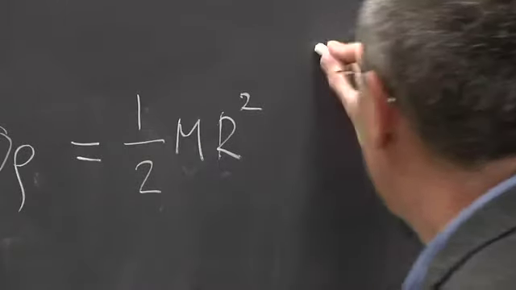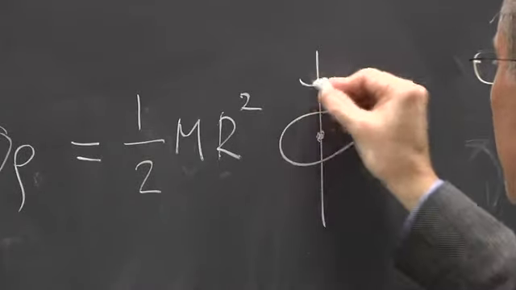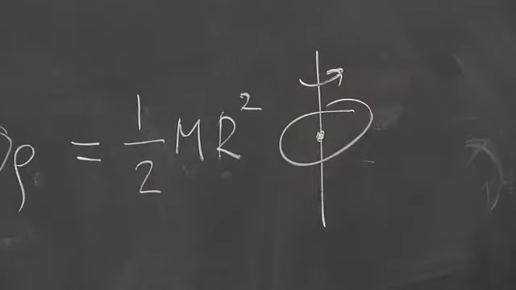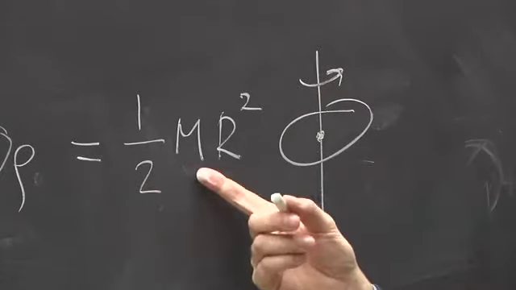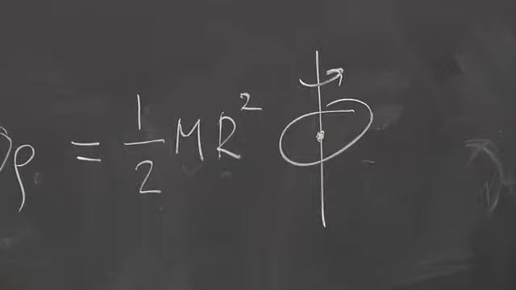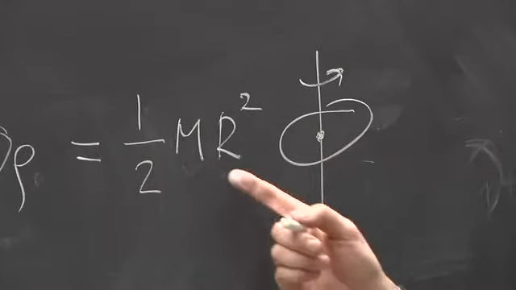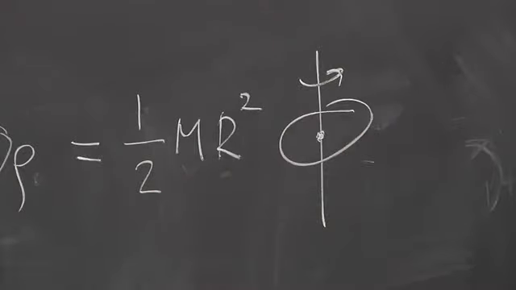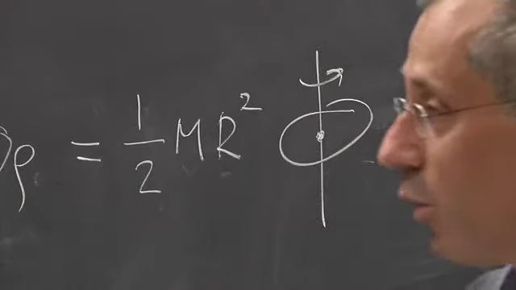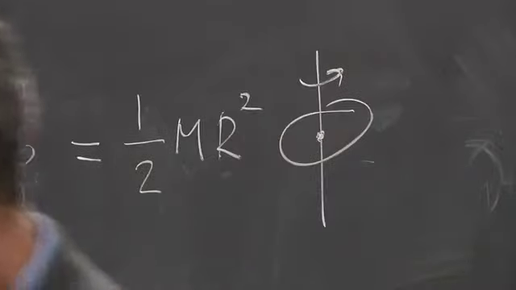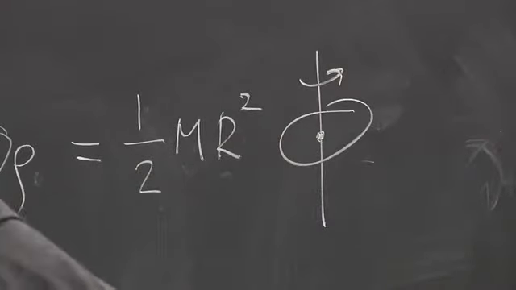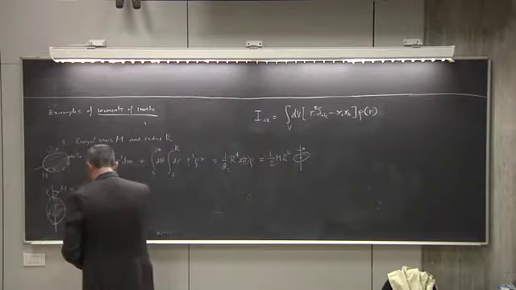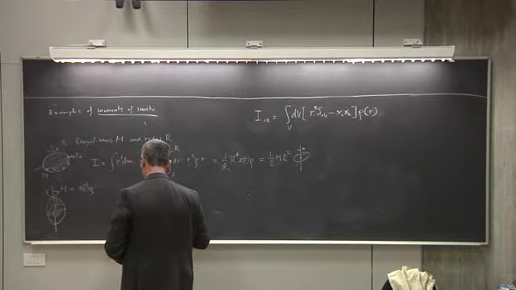So this is for the disk rotating about the central axis. Now a disk. So you see it's the same as the inertia of the ring rotating. And how about if I rotate the other way? So this guy here. This time I have to be a little more careful when I write this distance because, again, it's more complicated.